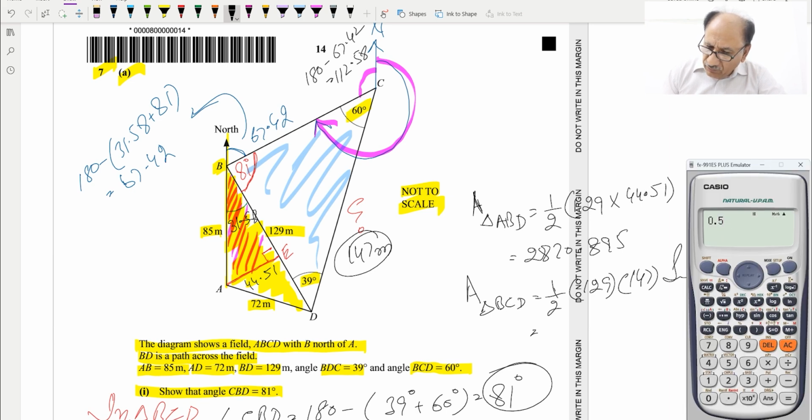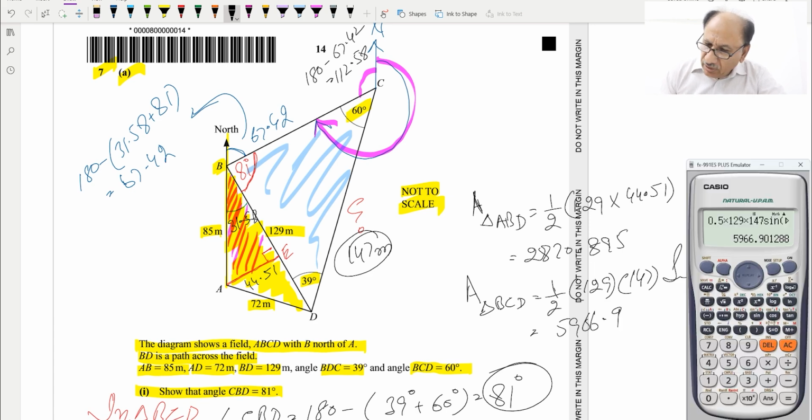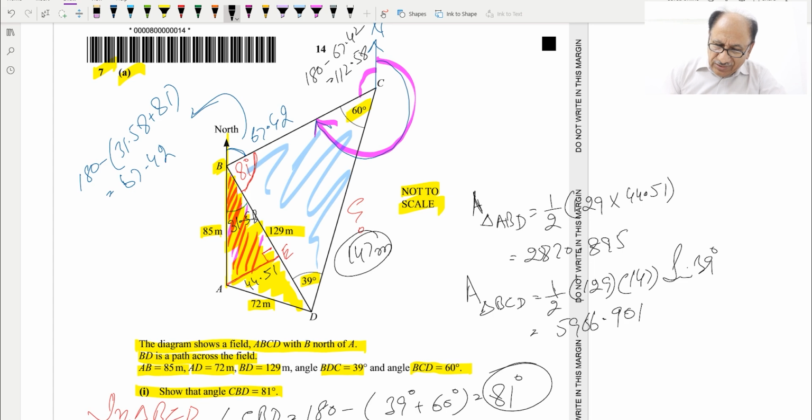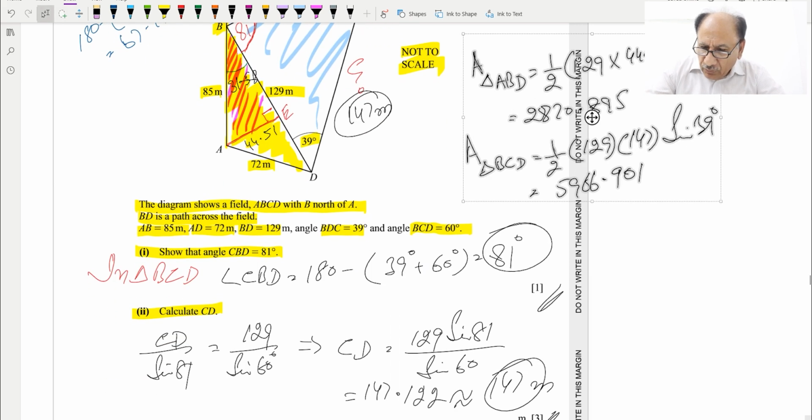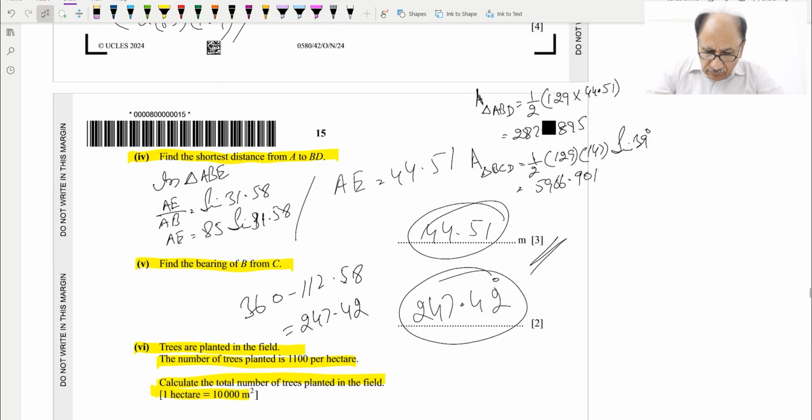So 0.5 into 129 into 147 sine of 39 degrees, and this results in 5966.901. So these are the two areas which we found. Now I will move this, and the rest of the calculation we will do at the proper location, and we can complete this question.